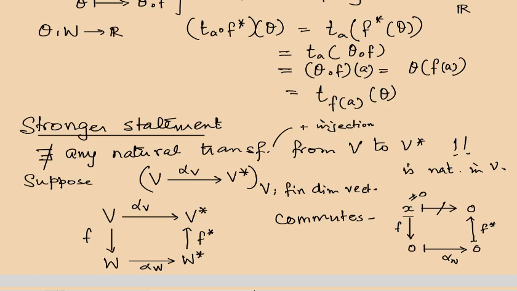So now you see what's the magic of this naturality. However V is changed to W, going to V double star is respected. But going to V star, you have to be careful. So that's the subtle change, and that's the subtlety put by naturality.